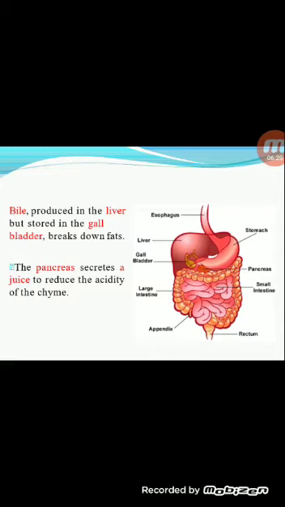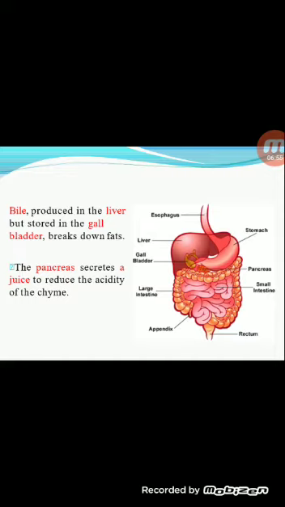So, this bile juice will help us to cut down those fats into small molecules, and then those small molecules can be digested in our stomach. Understood? So now what about the pancreas, which produces pancreatic juice to reduce the acidity of chyme?